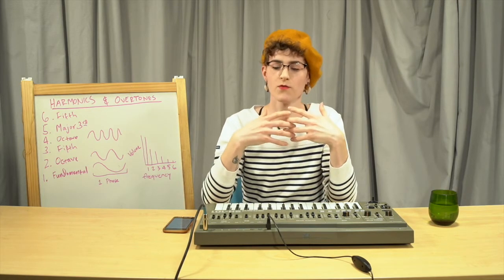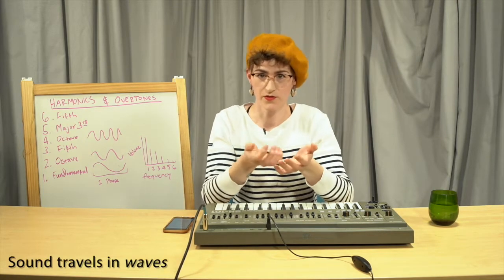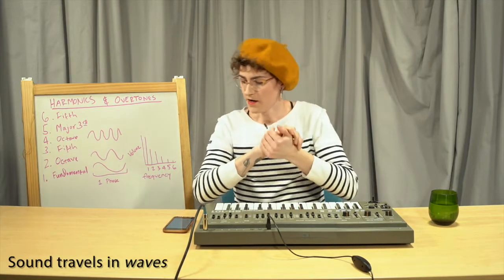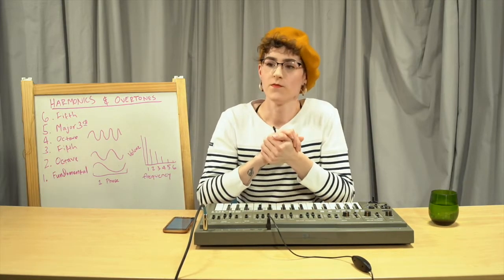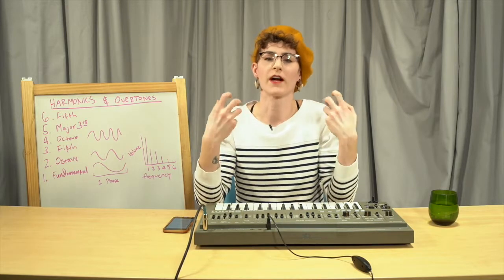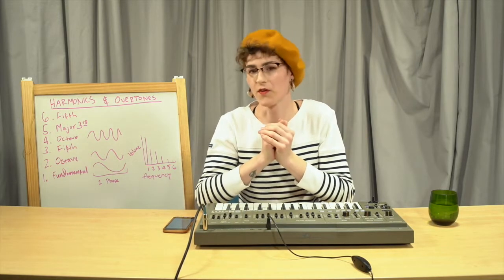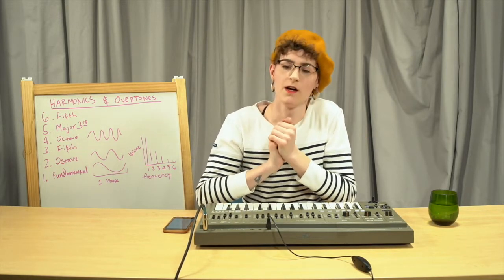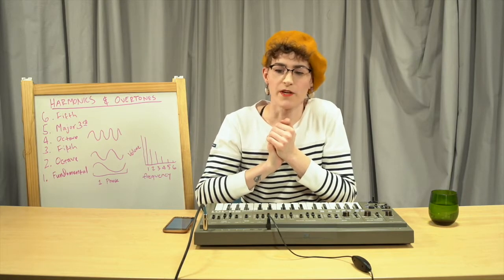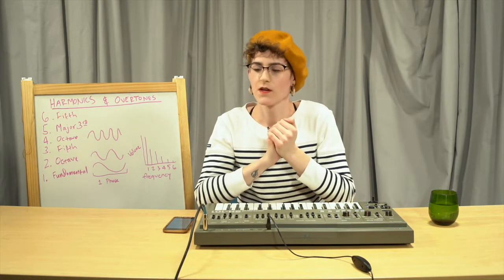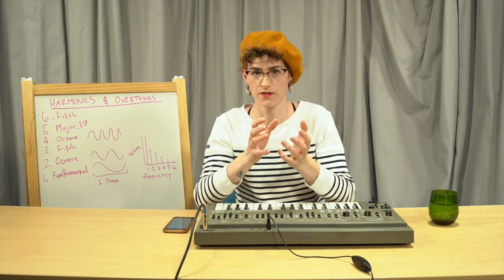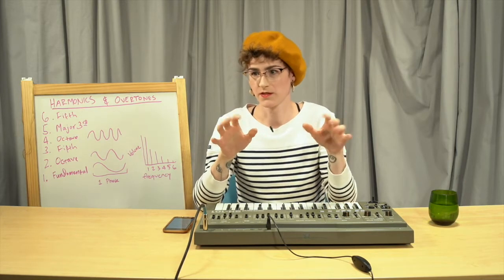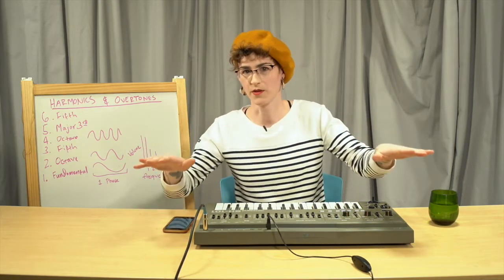So sound works with waves traveling through the air. When we hear sound, a crack of lightning, a book falling on the floor, fingers snapping, the air around the source of the sound is displaced, and the waves ripple out into the air.